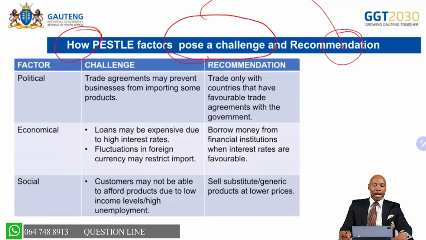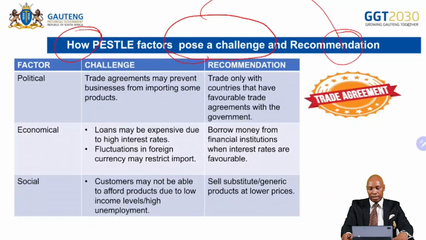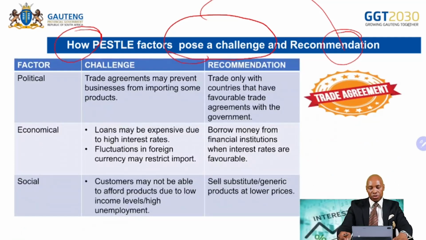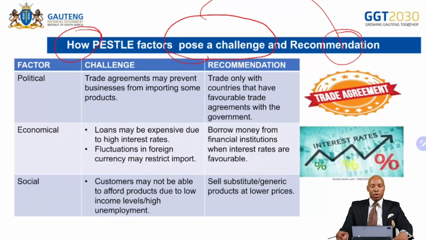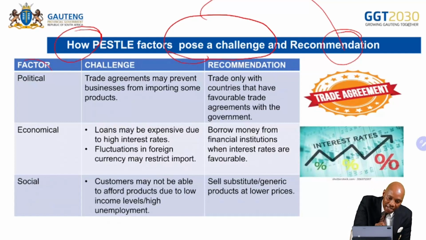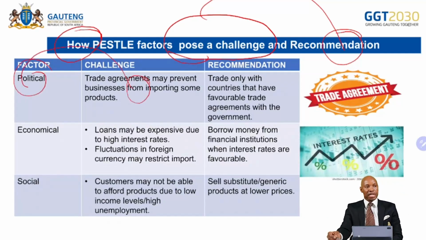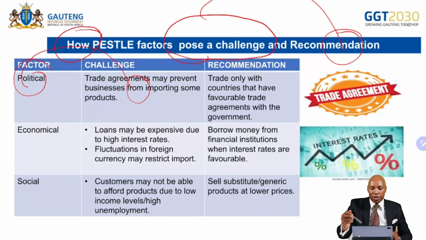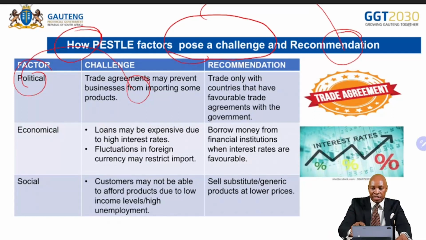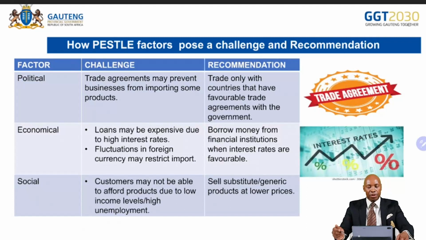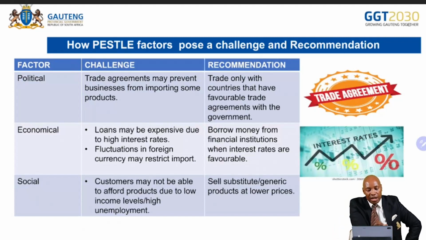Now, we're looking at, let's take the first one, the political. How does the political factor pose a challenge to our business? Let me just clean the screen for you. Right, we're looking at the challenge posed by the political factor.